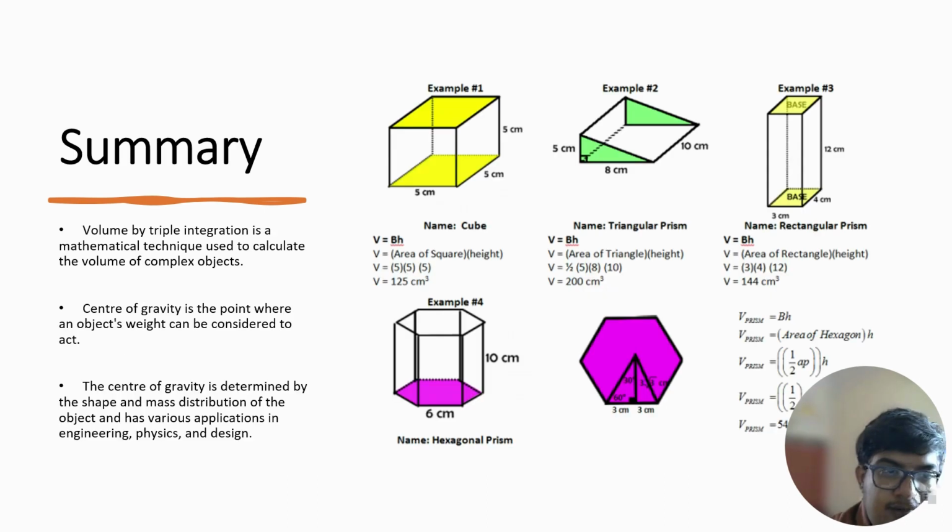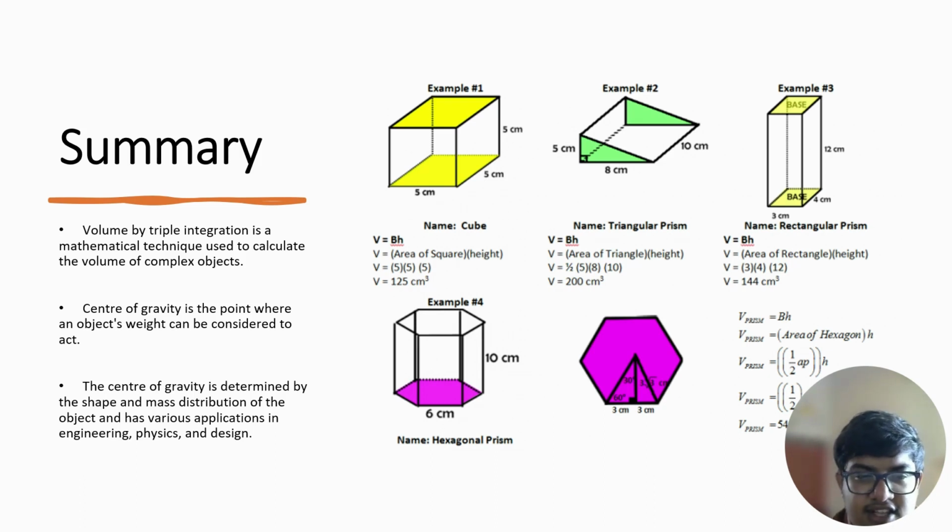So let's go on. Now let's get a summary. Volume by triple integration is a mathematical technique used to calculate the volume of a complex object. That is the summary of volume by triple integration.